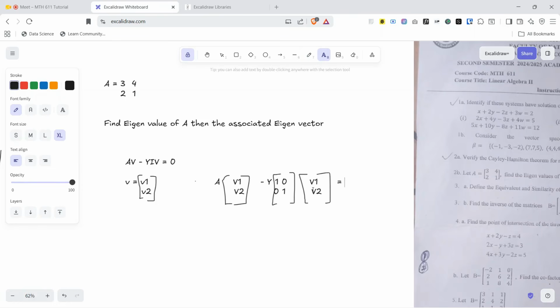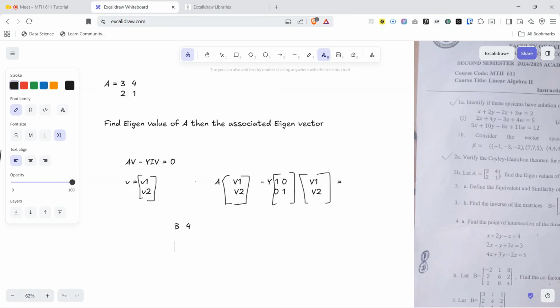So now we are going to solve this. We'll bring in our A. Remember our A is 3, 4, 2, 1.